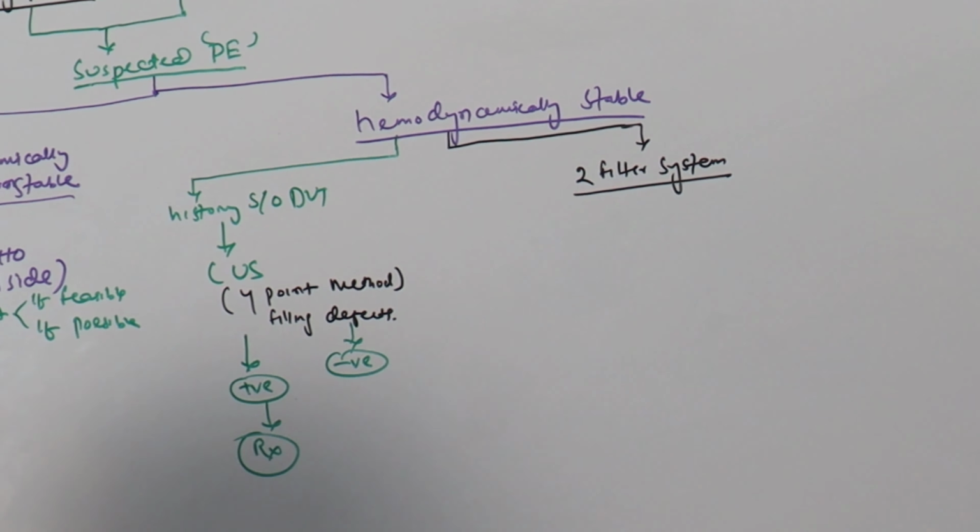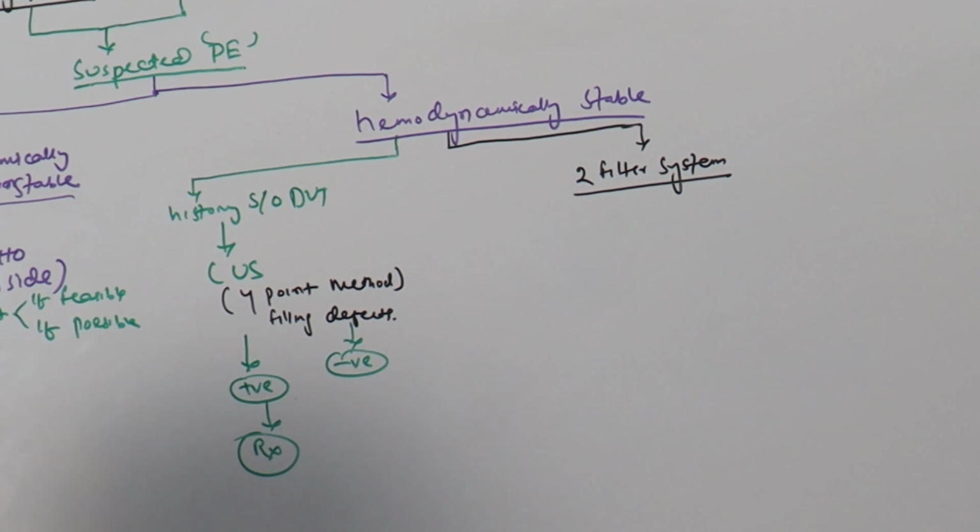So what are the prediction criteria we have? We have Wells criteria and we have Geneva's criteria. These you can find in the online calculators. However, once you have these clinical predictive values, using either one or both, we have to divide the patient into two parts.